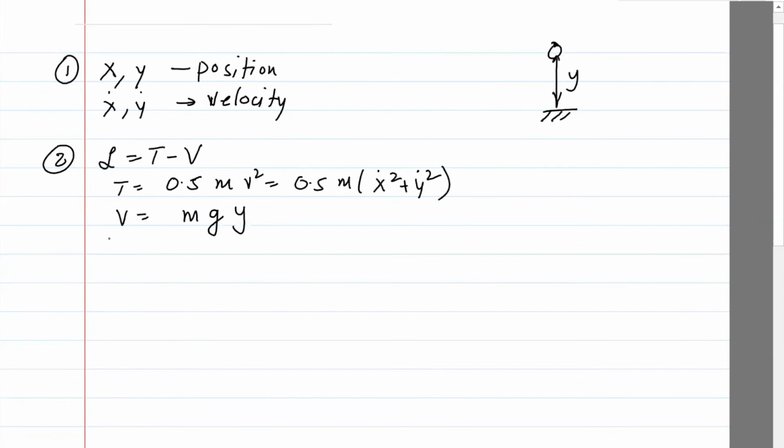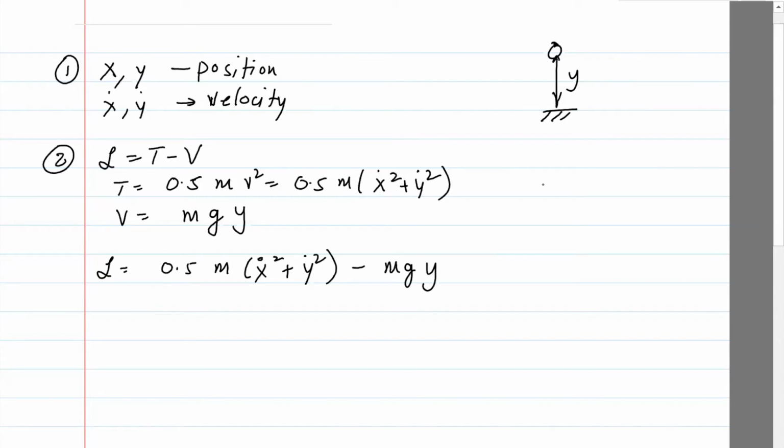So we now have the Lagrangian, which is 0.5 m times x dot square plus y dot square minus mgy. Okay, so question is, should that be square root of this? No, it's not the square root.